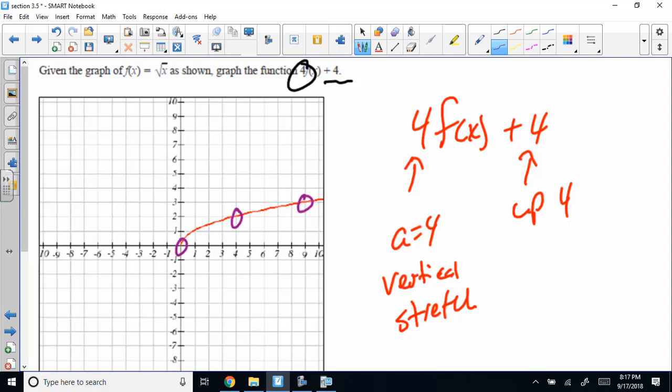Now, you're multiplying your output by what? 4, and then you're adding 4 to it, right? So the output here is 2, so 2 times 4 is 8. Then I'm adding what? Right? So that would be what? Way on up there, right? Would that be correct? Yay or nay?